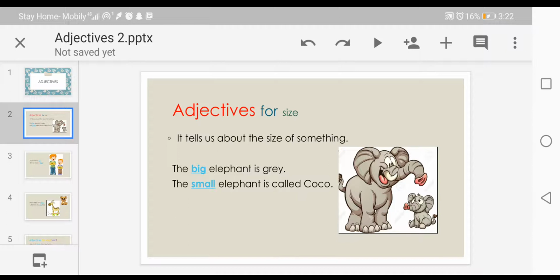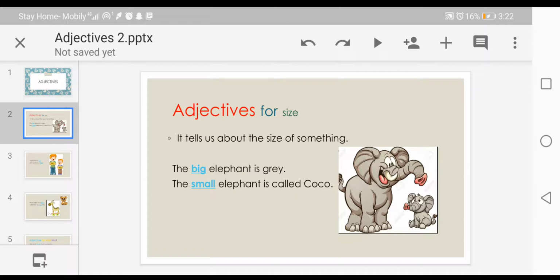Now when I describe the elephants with size adjectives like big and small, I understand which one we are talking about.